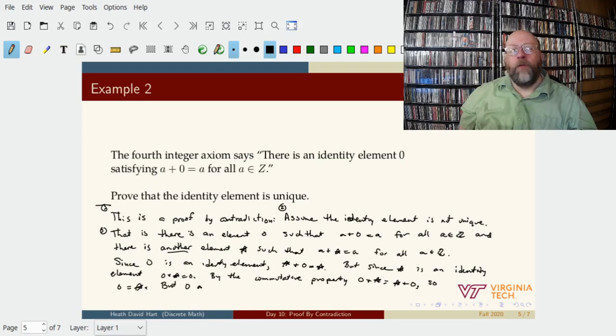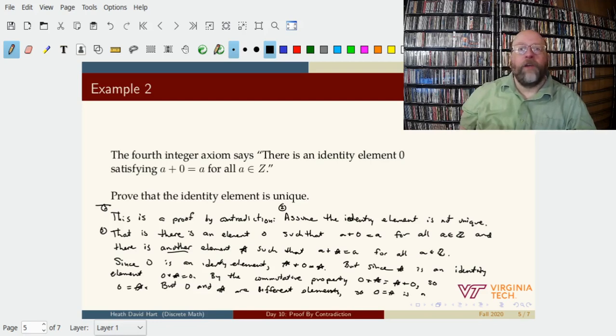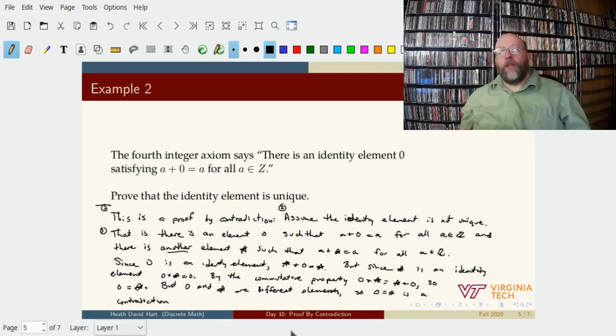But 0 and star are different elements. And so 0 equals star is a contradiction. Because we were assuming that they were not unique.